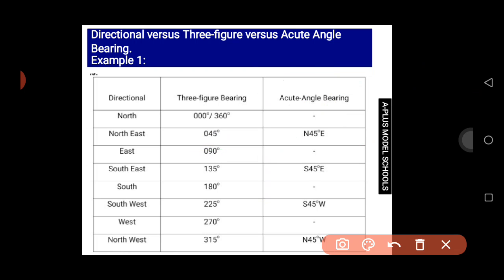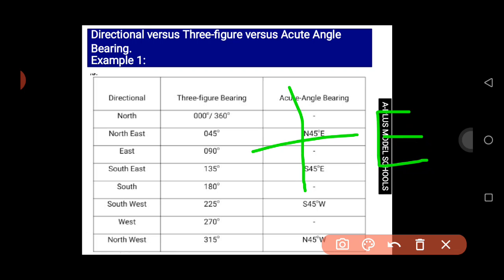For acute angle bearing, the angle is between north and east. That will be north. What is the angle? 45 degrees. Then between north and east, so that will be north 45 degree east. Then if it's on east, you can see it's exactly on east, which is 90 degrees. In 3-figure bearing, that will be 090 degrees.